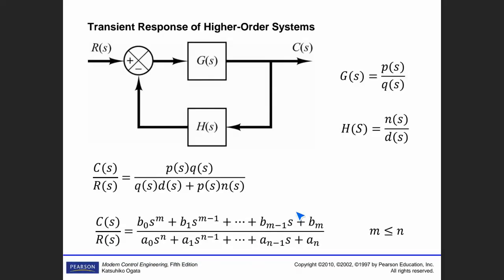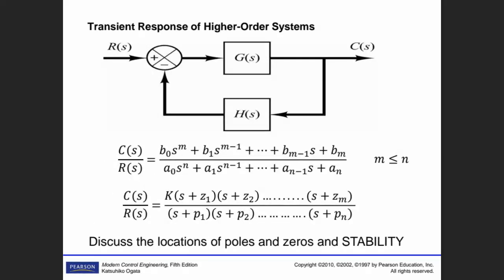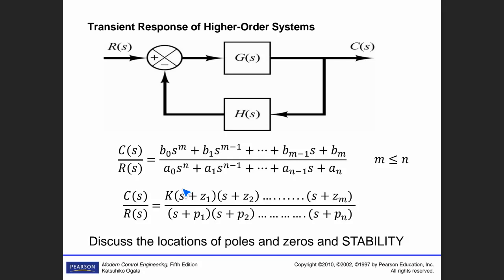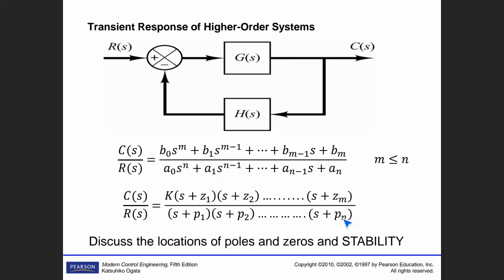For higher order systems, we generally use MATLAB to solve those. These are the zeros. You can see that m zeros we have, and n poles we have. Poles are higher than zeros. Don't forget that. The characteristic equation order, characteristic equation means the denominator, is always higher than the numerator equation, which gives us the zeros.